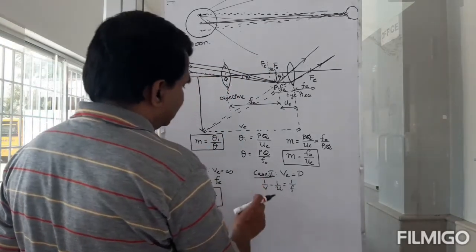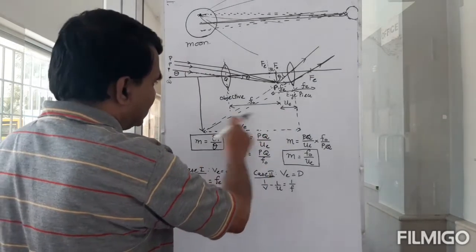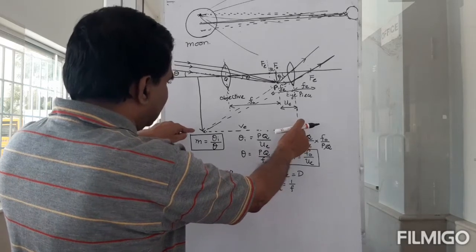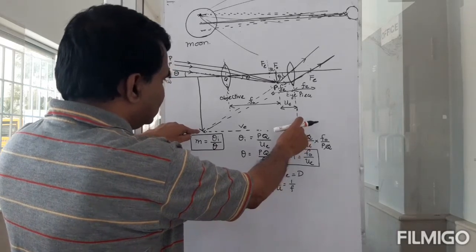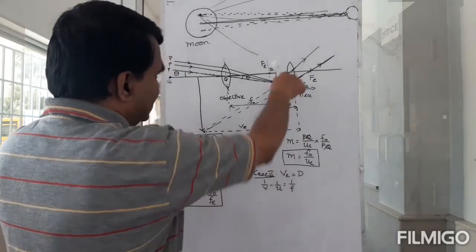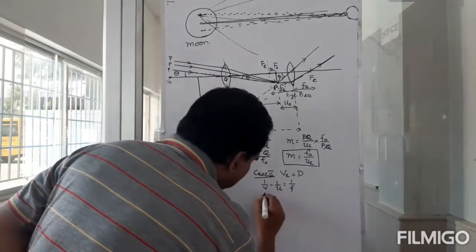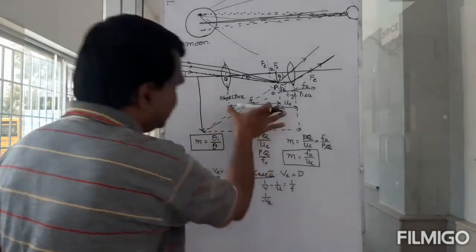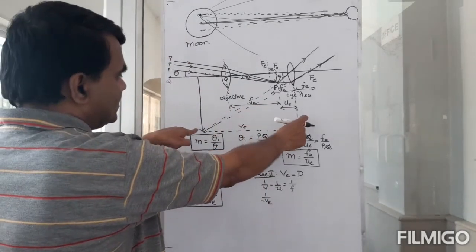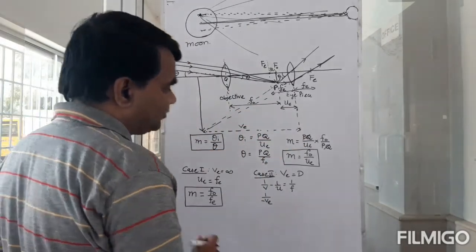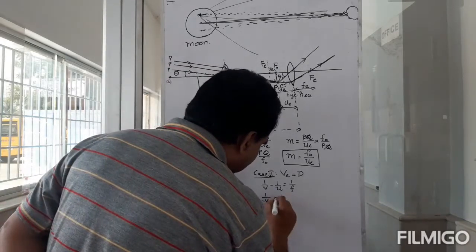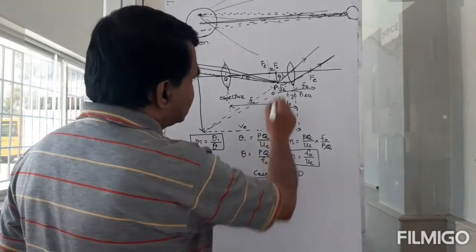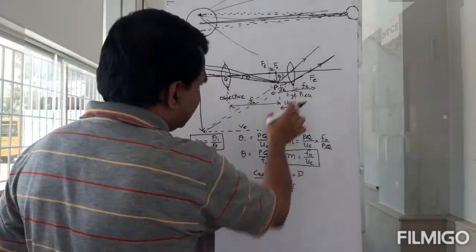So 1 by V. Well, when I do 1 by V, my VE will be a negative number, right? The negative number. So I will say this is equal to 1 by minus V. Because I am measuring this distance, it's a negative number. Then minus 1 by this UE. How will I measure that?